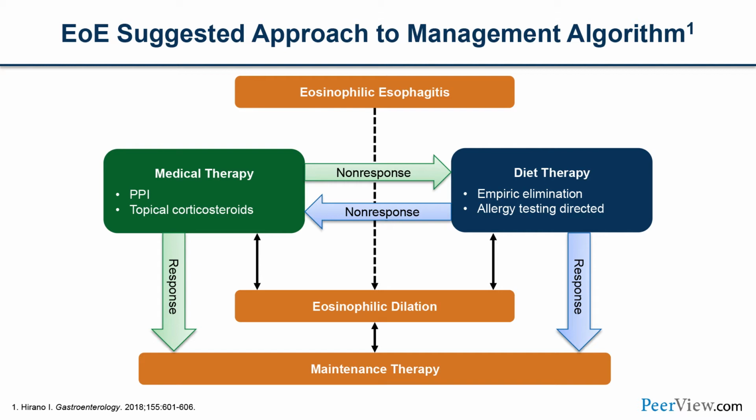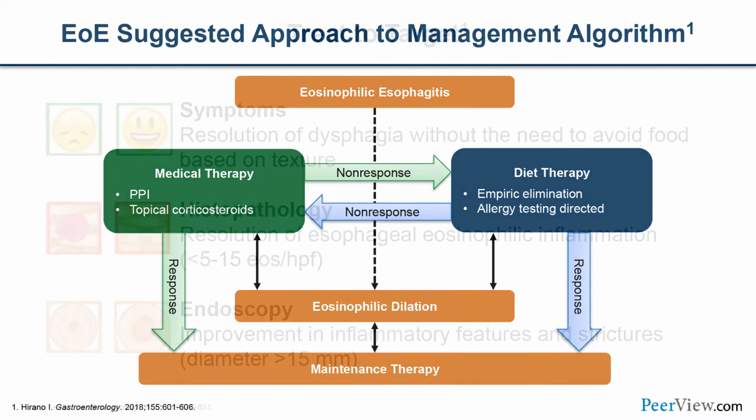Now, remember we said it is a chronic disorder, so if you have a response, you have to move on to maintenance therapy and follow up. If you don't have a response, you end up with strictures, and then you'll have to get to dilations, which is not a very pleasant thing to get to.